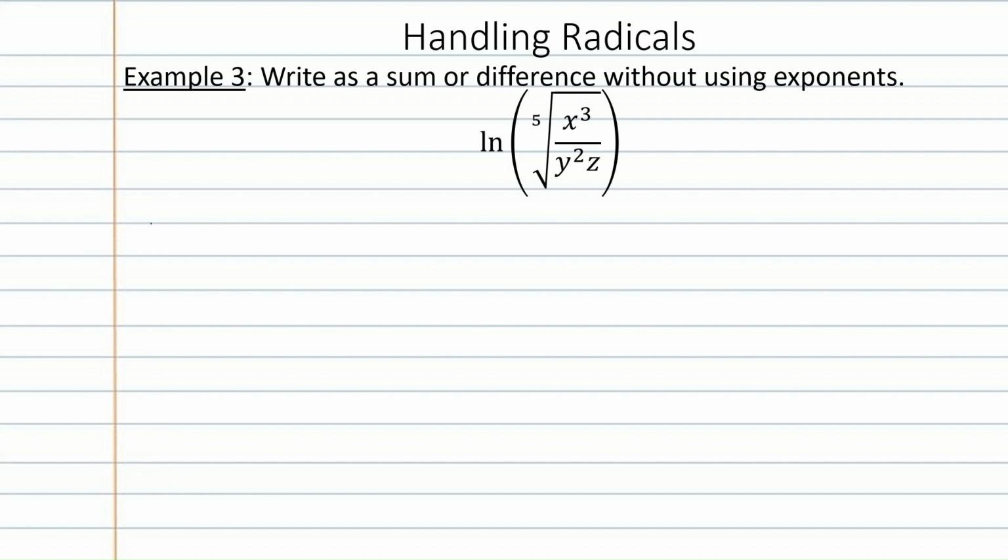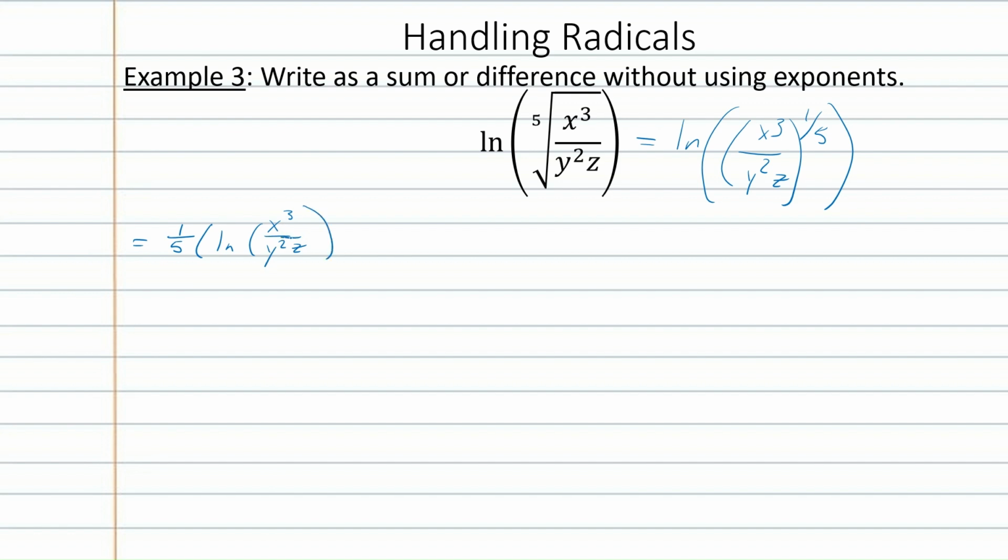Okay, so what I would do first if it was me, this 5th root is the same as raising this to the 1/5 power. So the first thing that I would do is pull the 1/5 out to the front and then rewrite this as the natural log of x to the 3rd over y squared z.